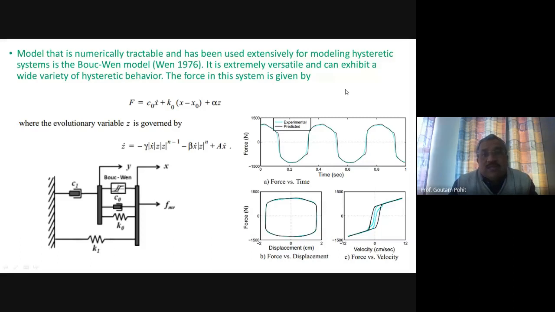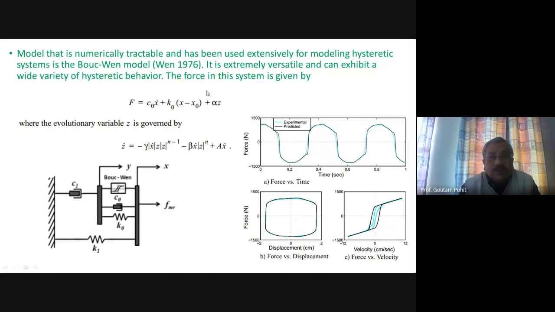The force in this system is given by this equation, where C0, K0 and alpha are different constants, which depend on the properties of the damper. And Z is governed by this equation.